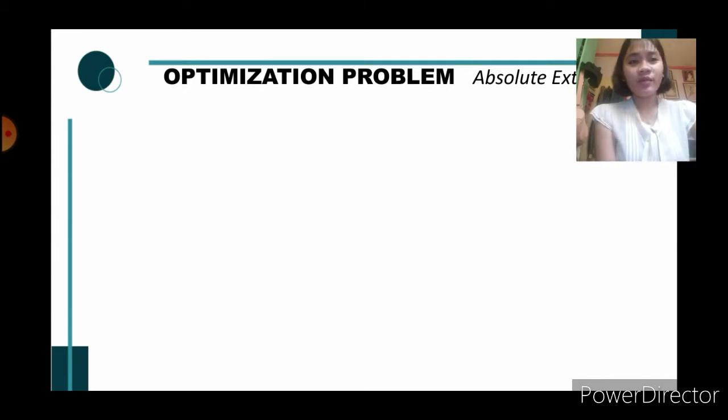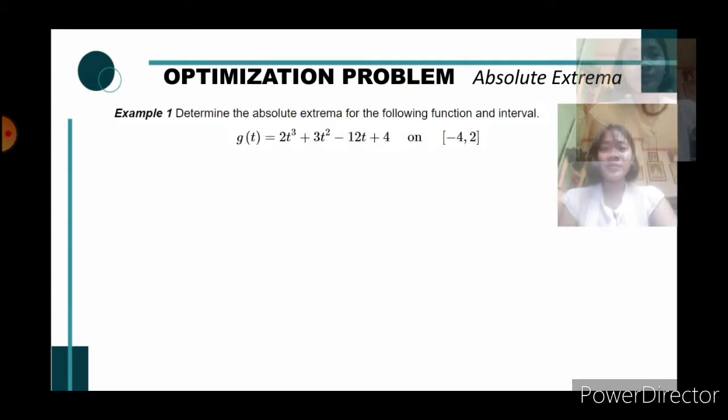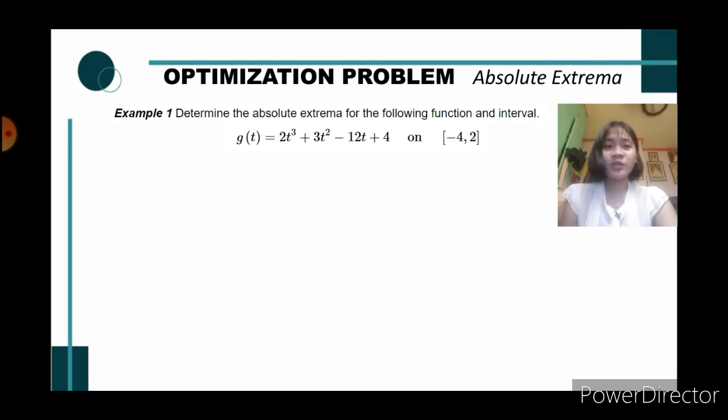So let's do some examples presented on your screen. So, una dito, we would like to determine the absolute extrema for the following function and interval. g of t is equal to 2t cubed plus 3t squared minus 12t plus 4 on the interval [-4, 2].